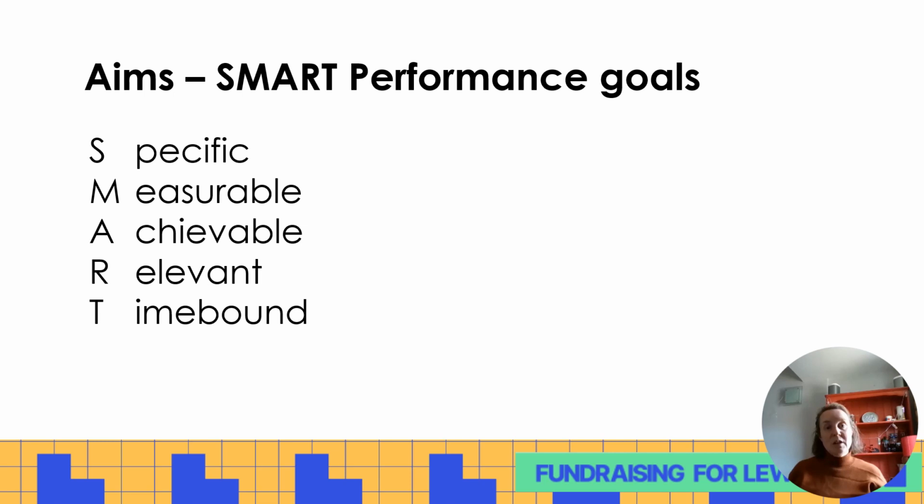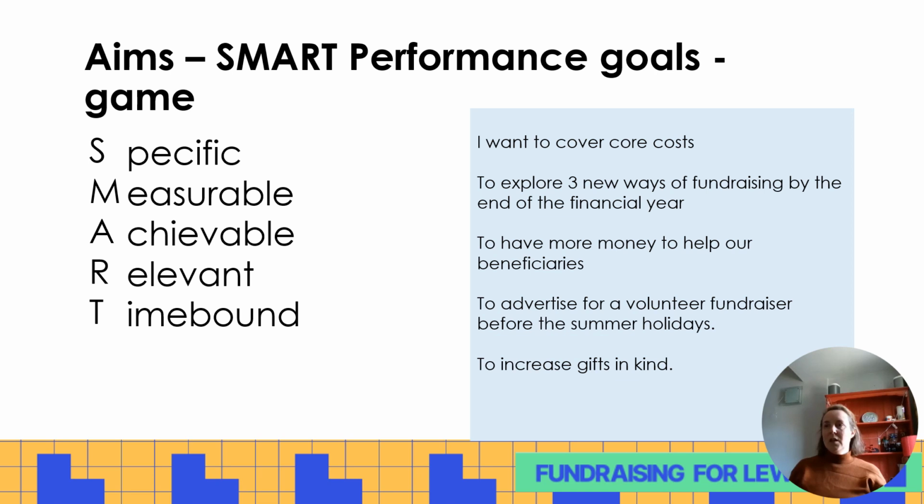Relevant. So we're talking here about fundraising. So it needs to be relevant to fundraising, relevant to your group, and time bound. So you're going to put a goal, a time on that goal. So in the session, I will ask groups which of these they think is smart, and you might want to pause here and then just decide which of these you think is smart. And there I've given the answers.